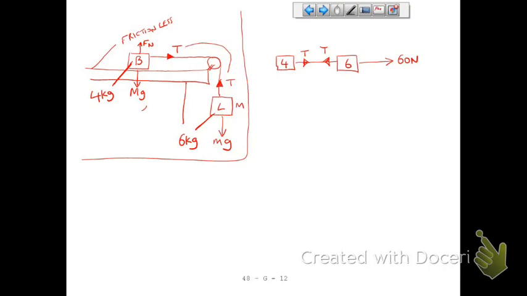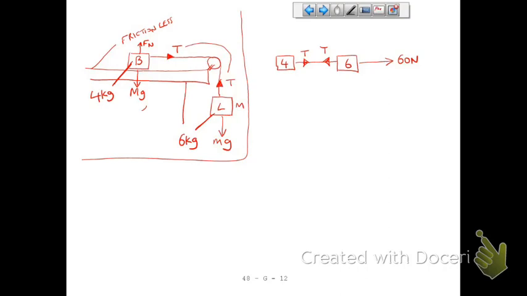Looking back at this first diagram, if I asked you, given a 6 kilogram load and a 4 kilogram mass, what's the value of tension before I release the system? So I've got my fingers on the table holding the block back.